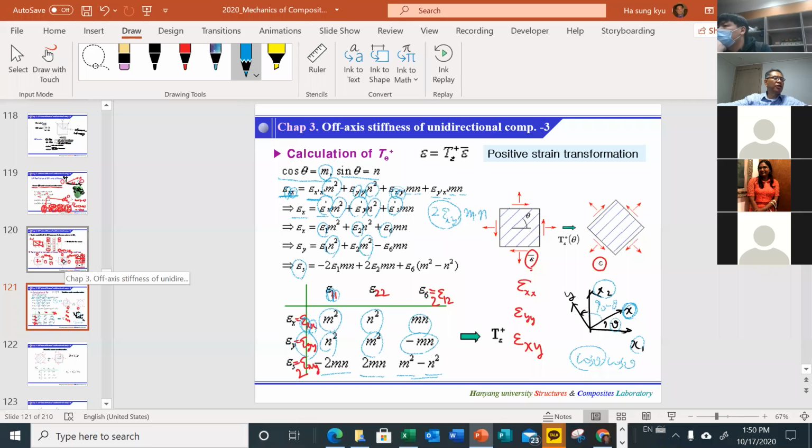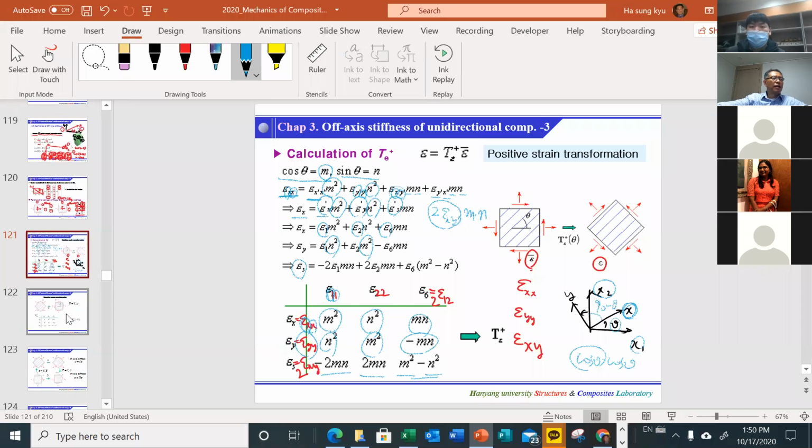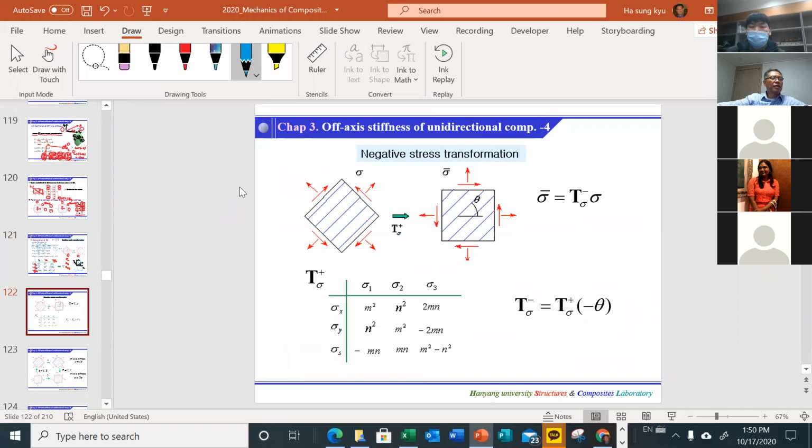And this is a strain transformation. When you study the Mohr circle, where you learn about the strain transformation, this is exactly the same result as studied in the Mohr circle. And same for the stress transformations, m and n, and this is the ob axis and on axis.